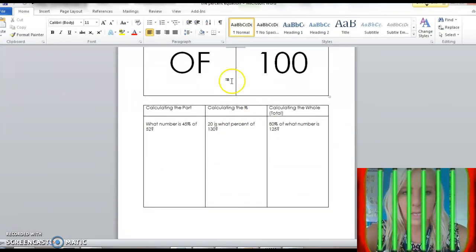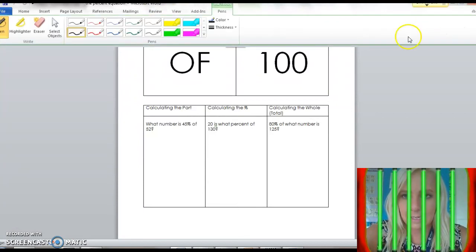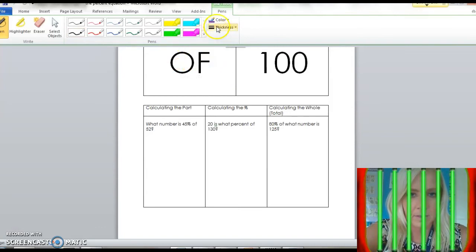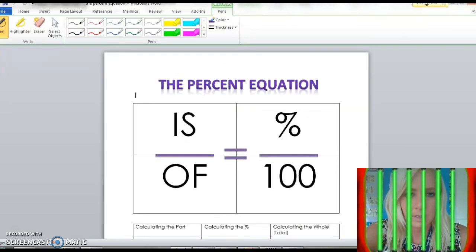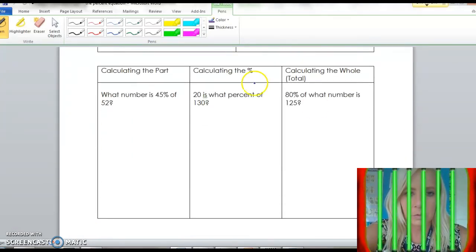Okay, let's go to your graphic organizer. We are going to fill out the medium column and the medium column only. So let's find my handy dandy ink tool that I'm not good at using. Okay. So 20 is what percent of 130?